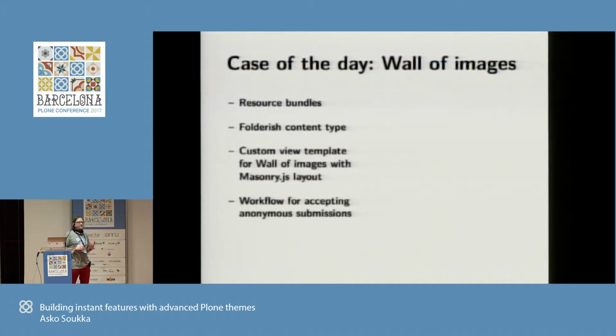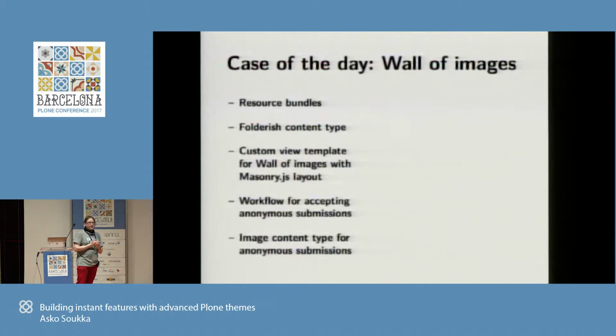And then the hard part was: how do we accept custom anonymous submissions? So of course, on Plone, we can do custom workflows. So that package includes a custom workflow, and that's a custom image content type. Because when you need to apply a custom workflow, it's easiest to apply it to a custom content type.